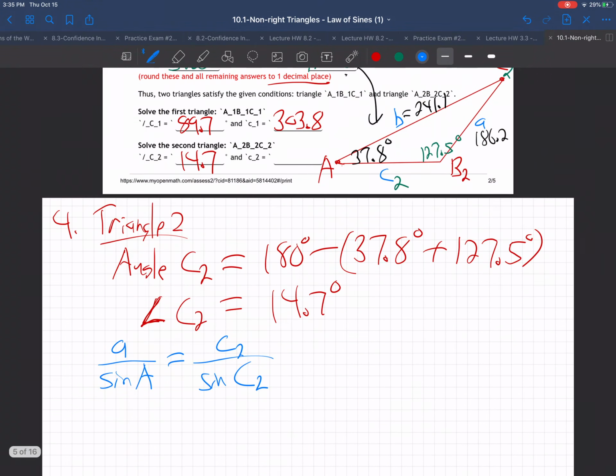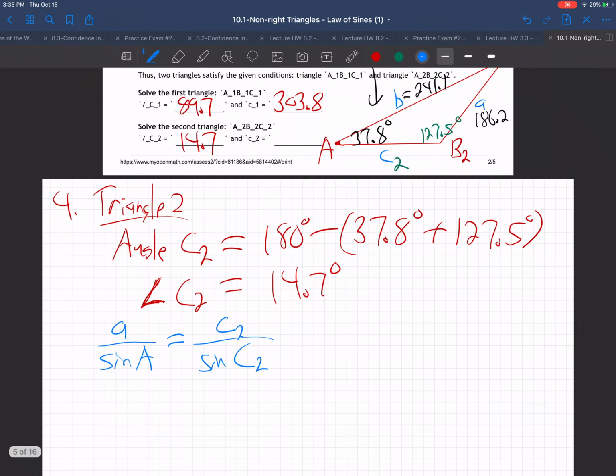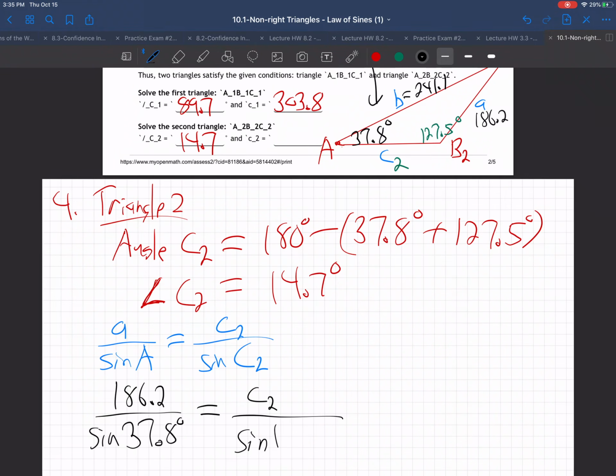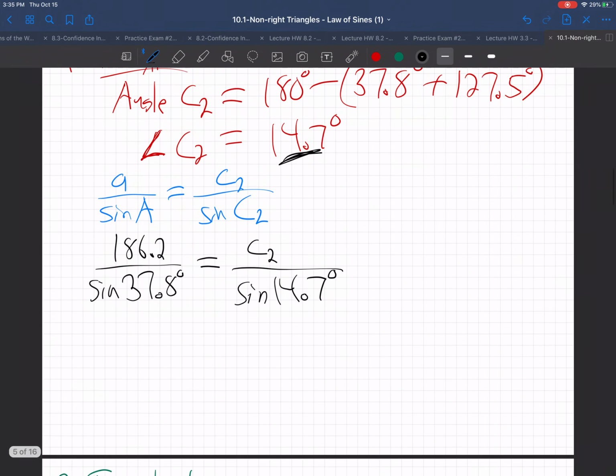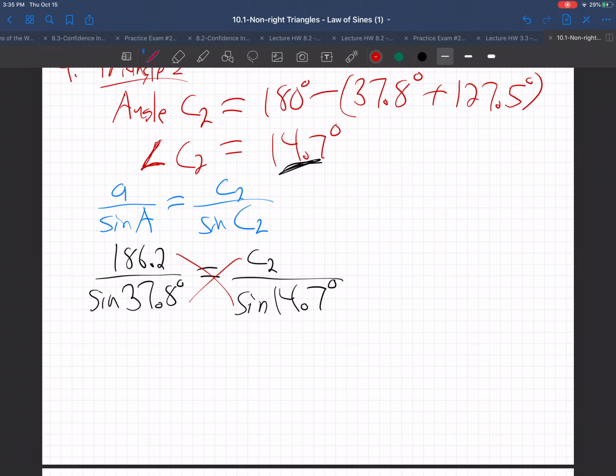So what's little a? 186.2 over the sine of capital A, the sine of 37.8 degrees, equals little c2, which is what I'm trying to find, over the sine of angle C2, which I just found. All right, let's solve it. Diagonal, diagonal, cross multiply. 186.2 sine 14.7 degrees is little c2 sine of 37.8 degrees.